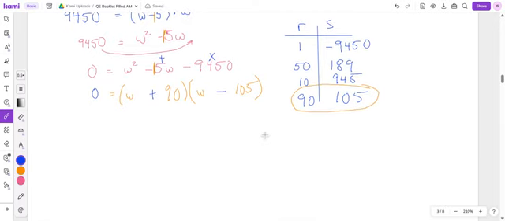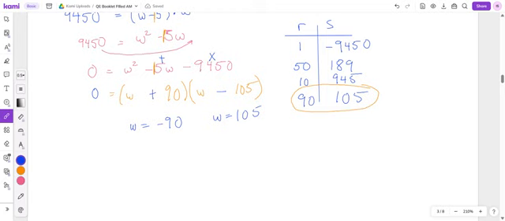What are we doing here? Well, we can now use the ZPP. We can say, okay, from the first factor, W would be equal to negative 90. And from the second factor, W would be equal to 105. What am I talking about? What is this question about?